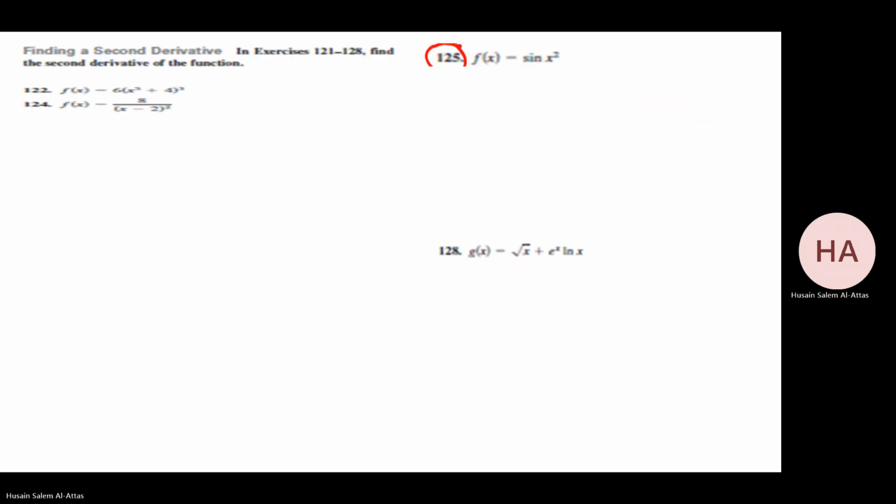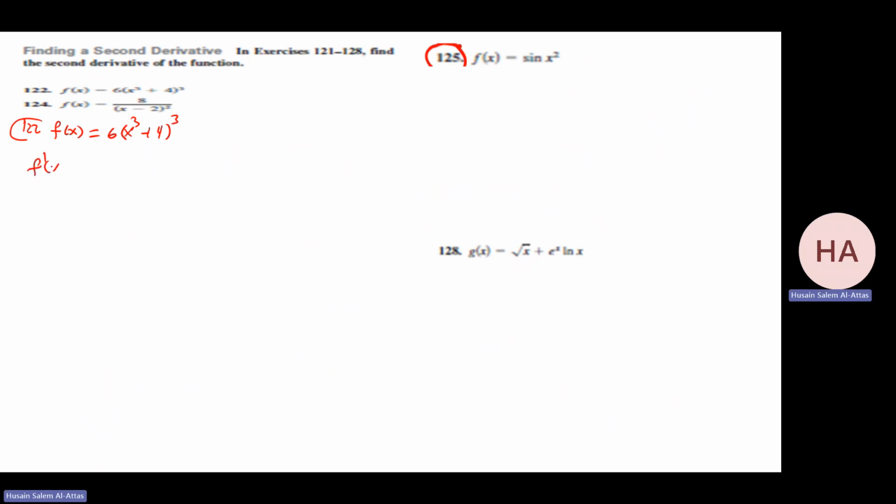Okay. And the second derivative. I want to take the derivative 2 times. Just calculation, nothing special there, but be careful. 6 times x cubed plus 4 cubed.